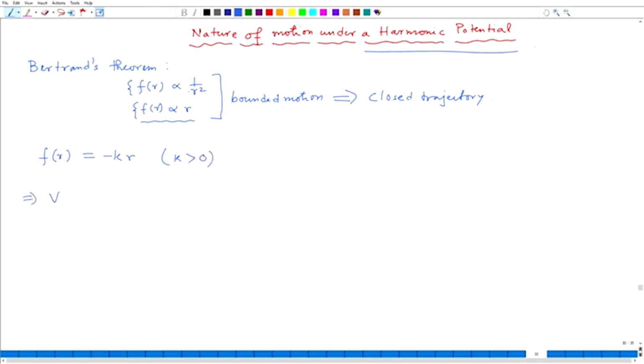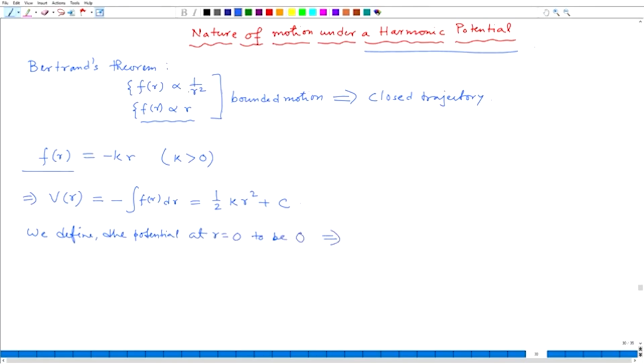This is the force law, and then the true potential will be simply given by minus integration Fr dr, which will be half Kr square plus C. Here we define the potential at r equal to 0 to be 0, and that helps us get rid of C, because C then gets to be 0.